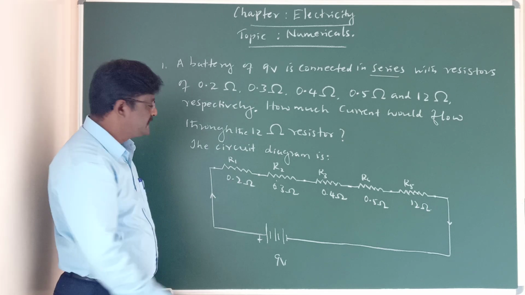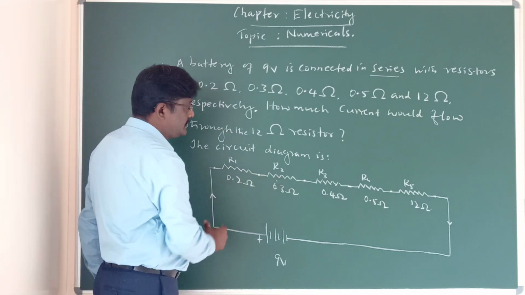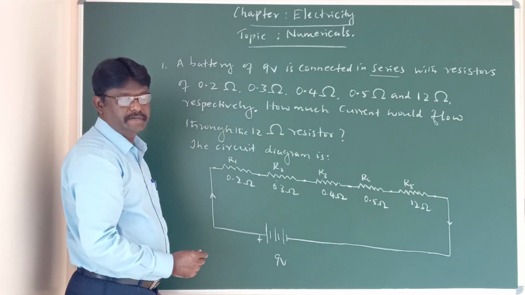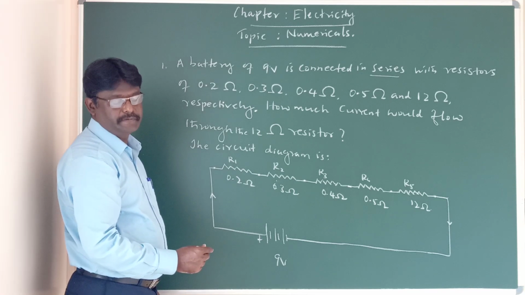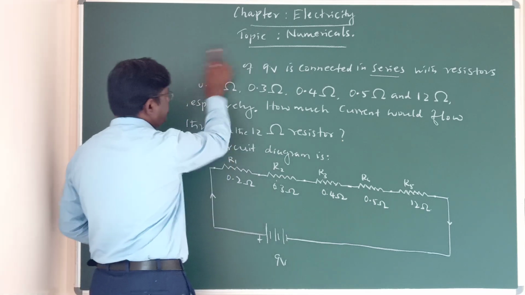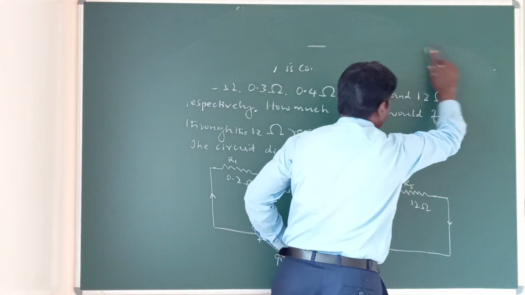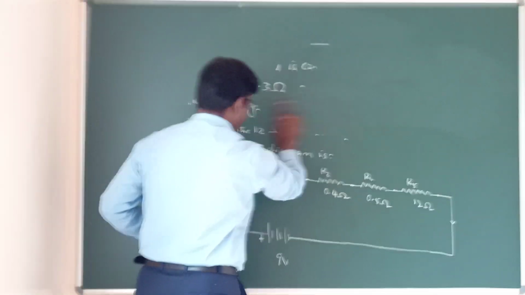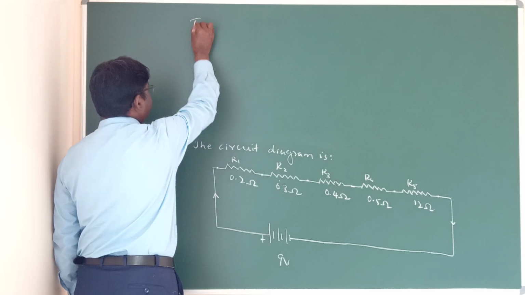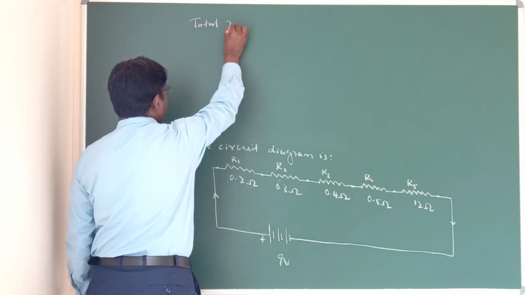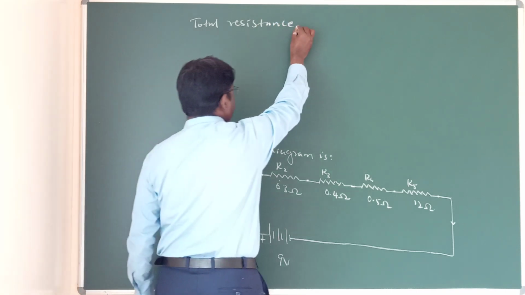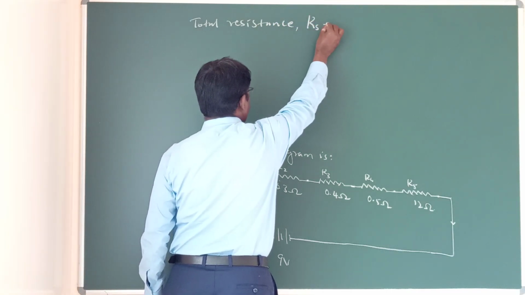Since here the resistors are connected in series, we know the equivalent resistance is R1 plus R2 plus R3 plus R4 plus R5. Therefore, total resistance Rs. Why that S?